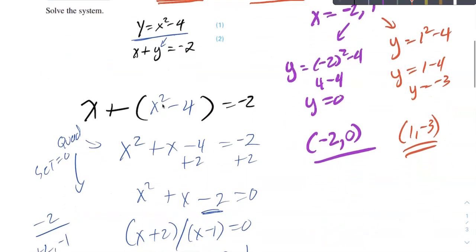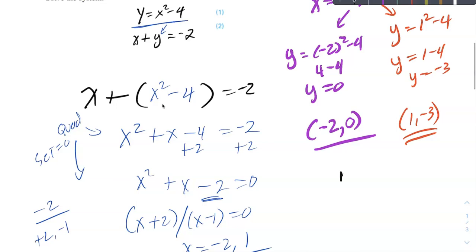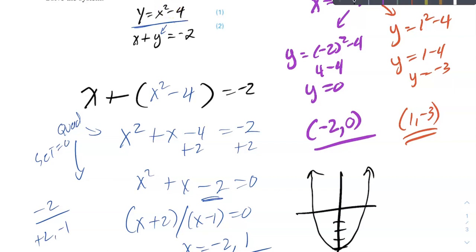By the way, we could look at this by graphing. This is a parabola with a y-intercept of 0, negative 4. And the line, in slope-intercept form, starts at negative 2 with a slope of negative 1, so down 1 over 1.